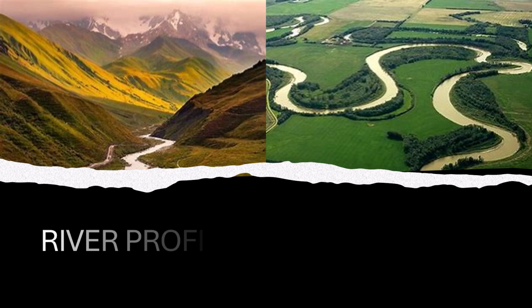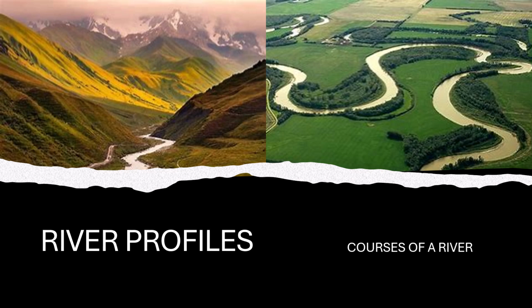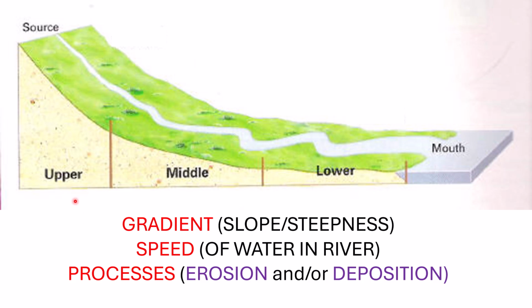In this lesson, I will be discussing river profiles and the various courses of a river. A river can be divided into three parts or three courses, what we call the upper course, the middle course, and the lower course.